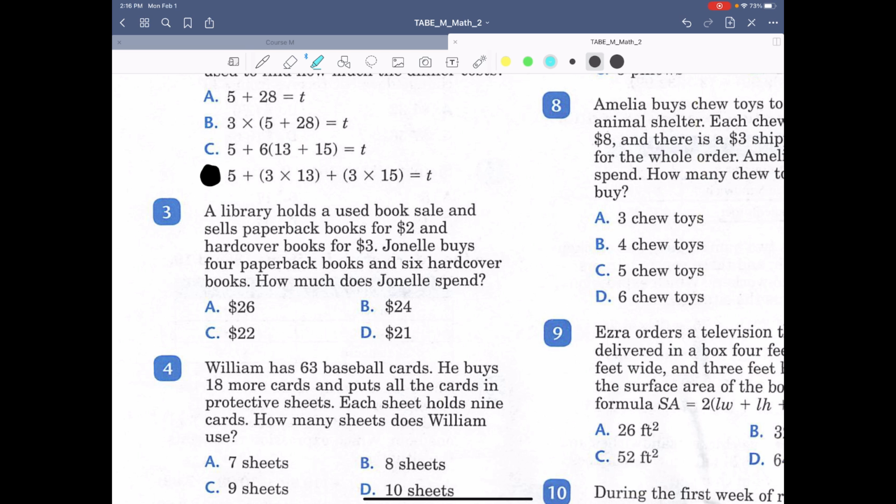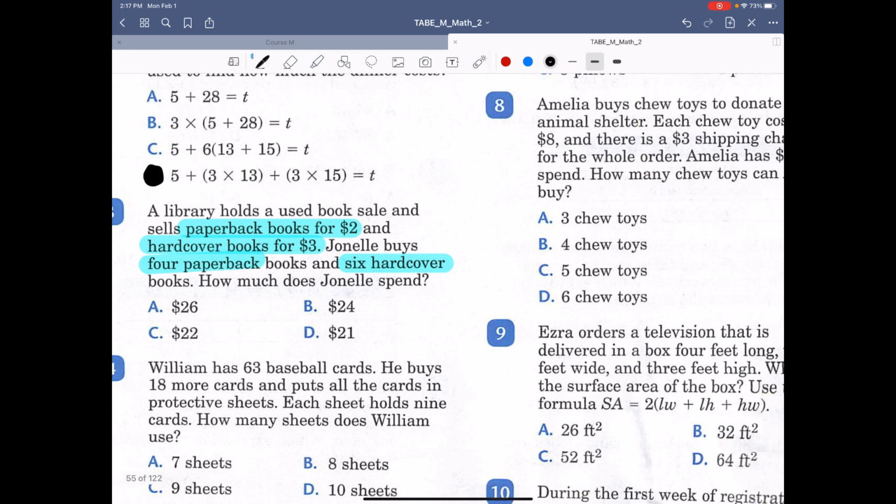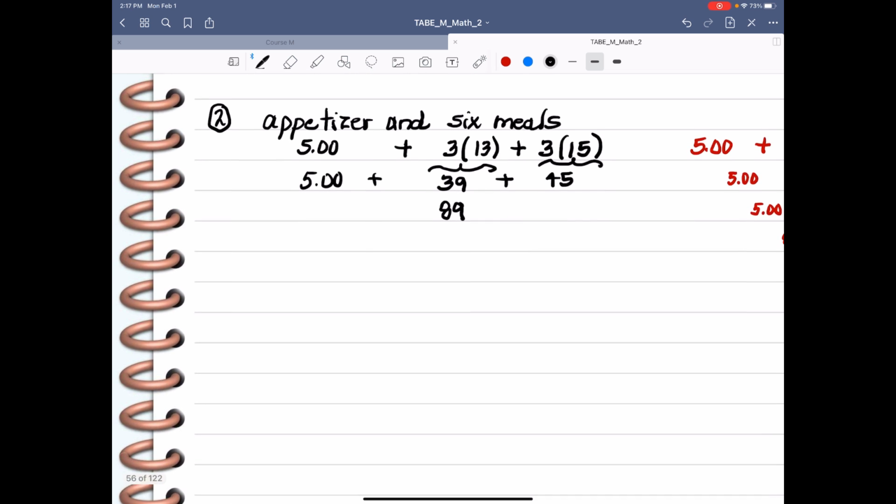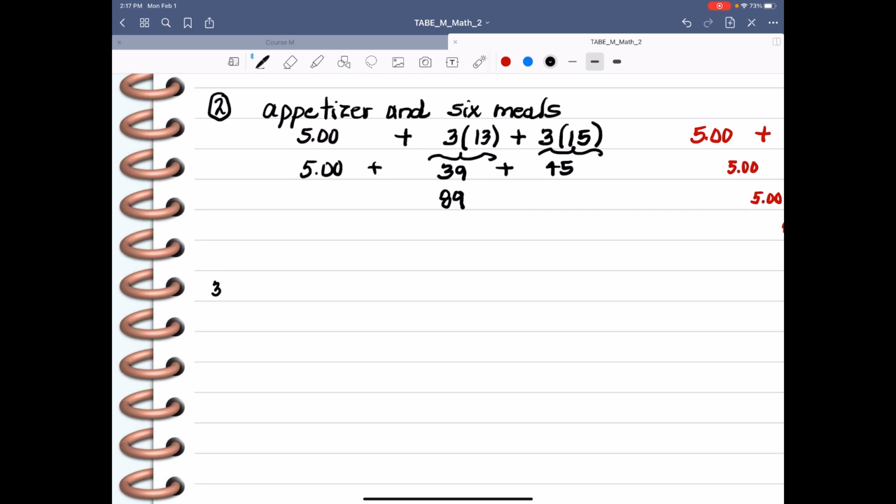A library holds a used book sale and sells paperback books for $2 and hardcover books for $3. Janelle buys 4 paperback books and 6 hardcover books. So how much does Janelle spend? To set this one up using everyday language, Janelle goes to the book sale and she buys some softcover books and some hardcover books.